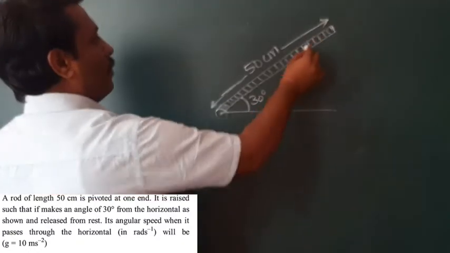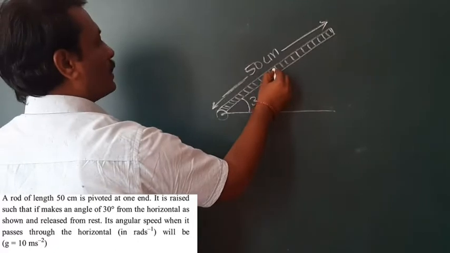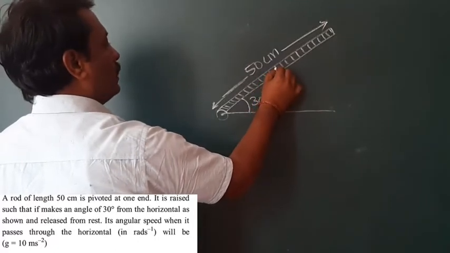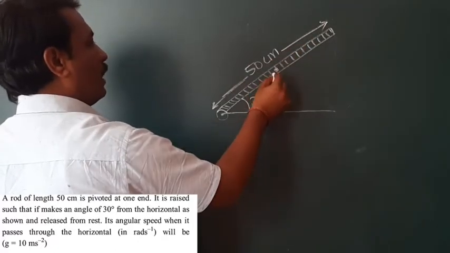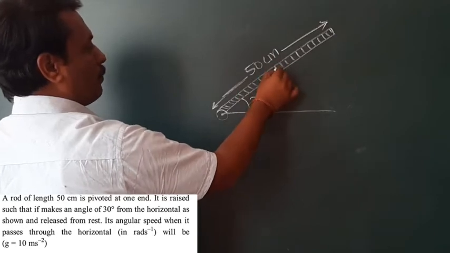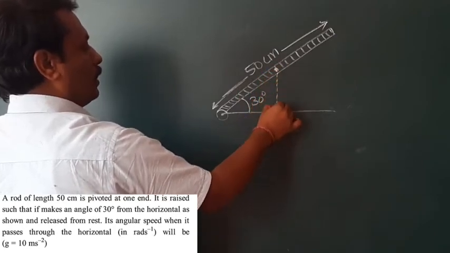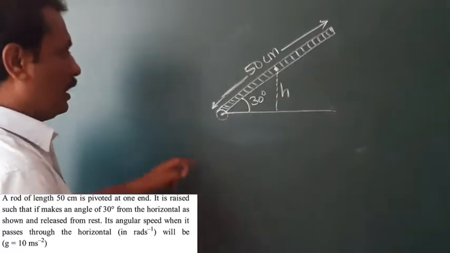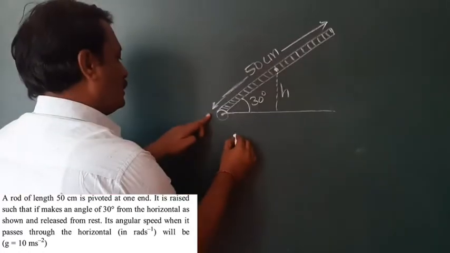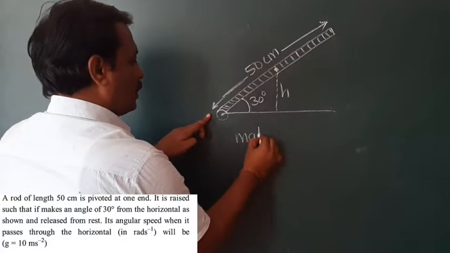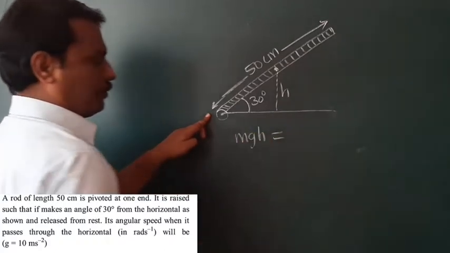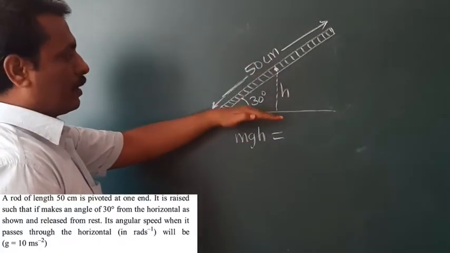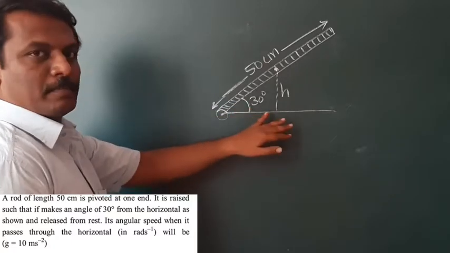So now it is a uniform rod. Let us consider its center of mass. Its center of mass will be at its midpoint. Now suppose this height is h, then the potential energy of this center of mass will be mgh, and when it comes to the horizontal position it becomes 0.